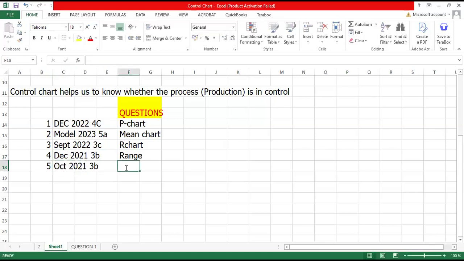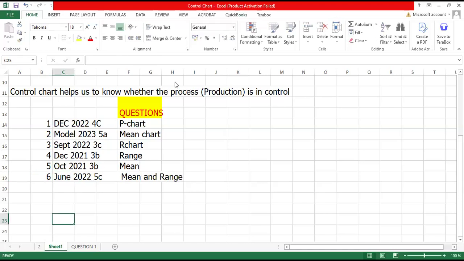This one talks about mean. Then you have June 2022, question 5C, and it talks about mean and range.